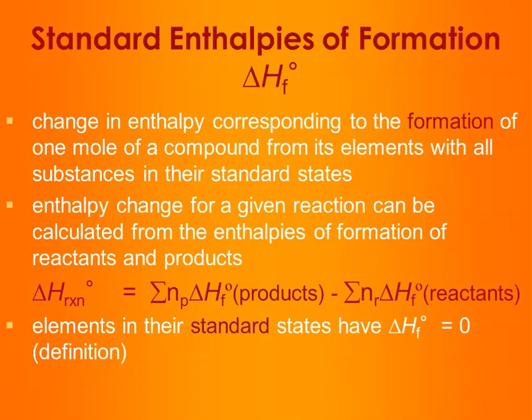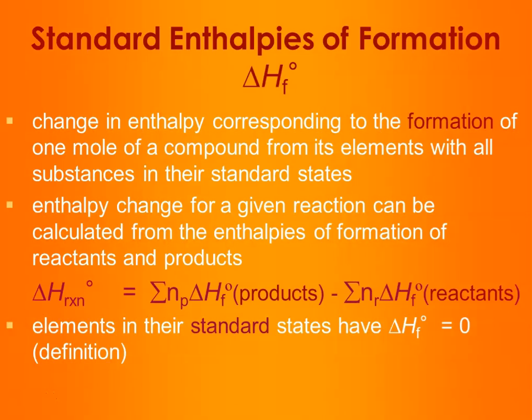Once we have these enthalpies of formation, we can take the amount of substances present stoichiometrically in our equation along with their enthalpy values of formation and take the sum of those for the products and subtract it from that of the reactants to get the enthalpy value for our reaction.